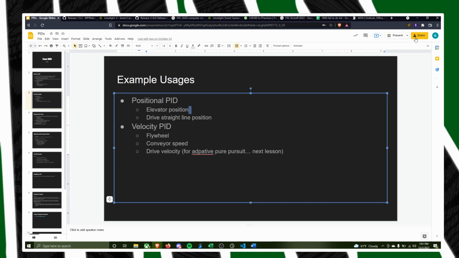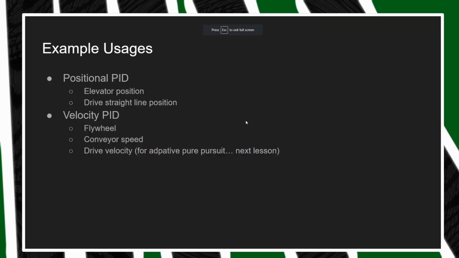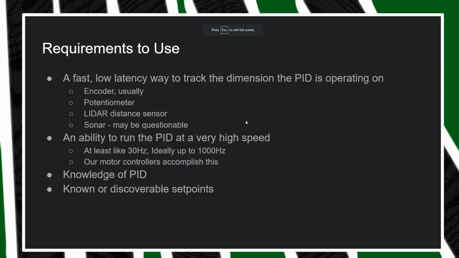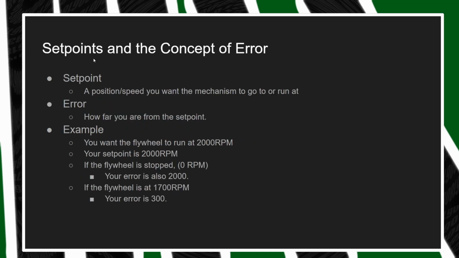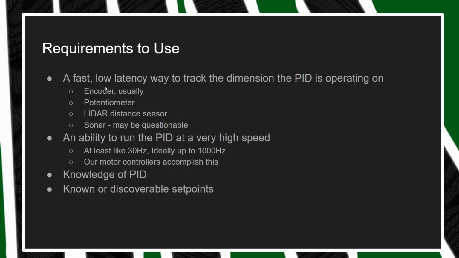Now back to this. To be able to use a PID, you want a fast, low latency way to track the dimension the PID is operating on, whether it's rotational speed, distance, etc. Encoders are usually pretty fast unless there's some weird filtering delay like on the Spark Max.